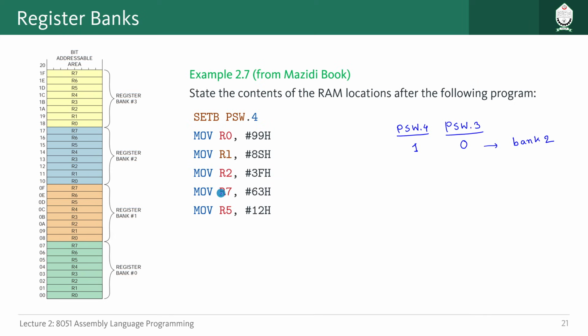Whenever we move data into R7, we are actually moving data onto the 17H location. In this way this changes, right? So you have to understand.